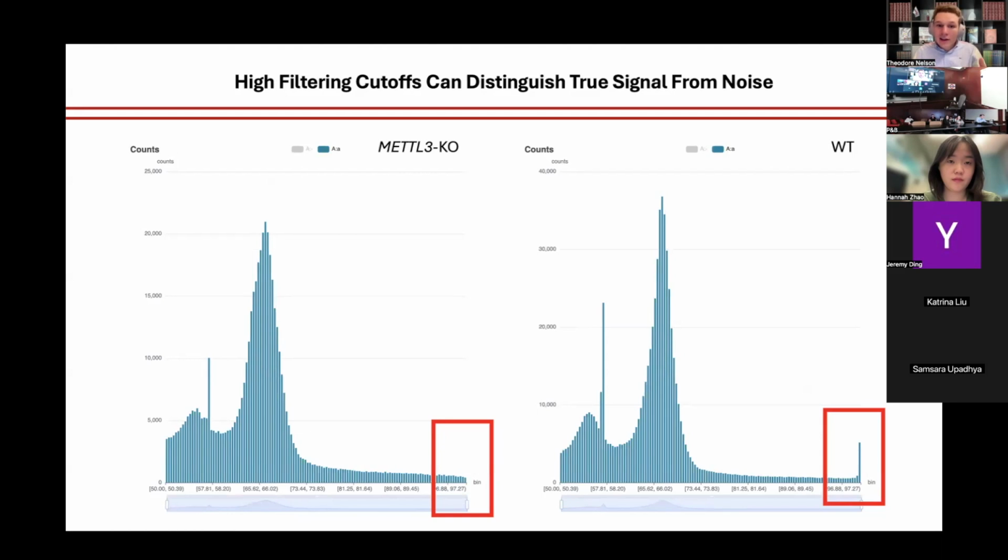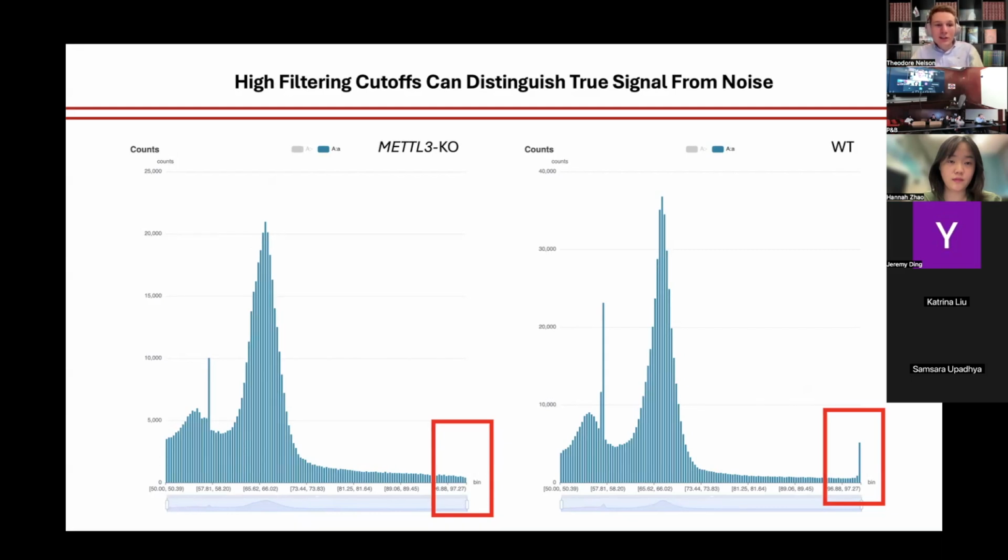Ultimately, it's a machine learning algorithm, so it's using a lot of multivariate signals and inputs to define what is a true m6A from a false m6A. But we can use this benchmarking to help us better filter and identify what is true positive and false positive.